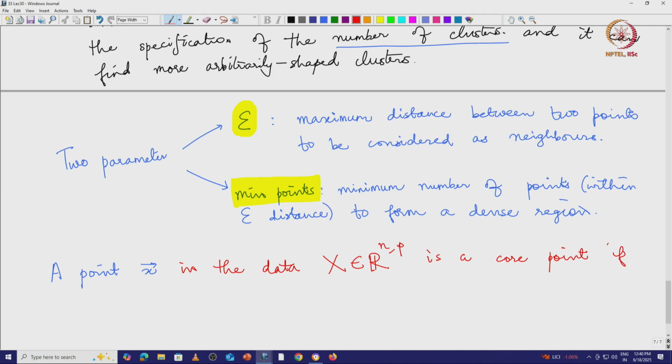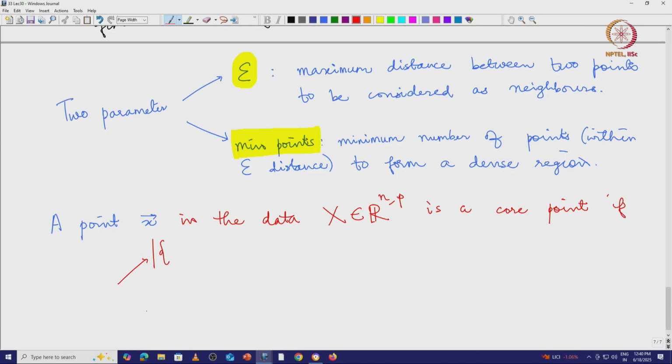if the number of points, and again I am using this notation wherein the pipe vectors enclose the set, which means that the number of points in that set is what we are interested in. So, the number of points in the set of y belonging to X such that the distance of x comma y is less than or equal to epsilon, should be greater than or equal to the minimum number of points, right.